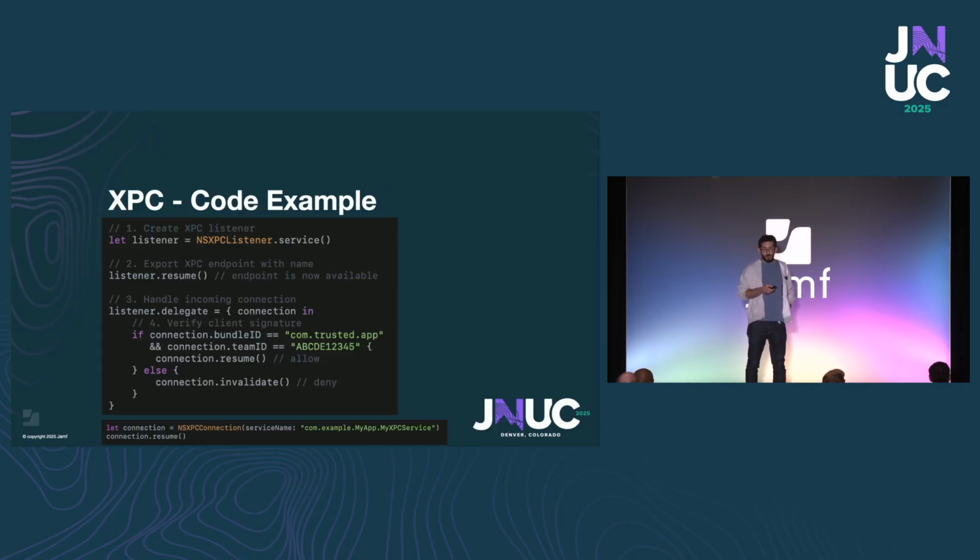But we are going to focus on XPC because this is the higher level construct of communication. So I have a small code example. This is in Swift. This is pseudocode, right? I trimmed it down to make it more visible on screen. Basically, if you want to have an XPC service, you can create an XPC listener, and you would get some kind of service name, or you can put yourself a service name if you want.